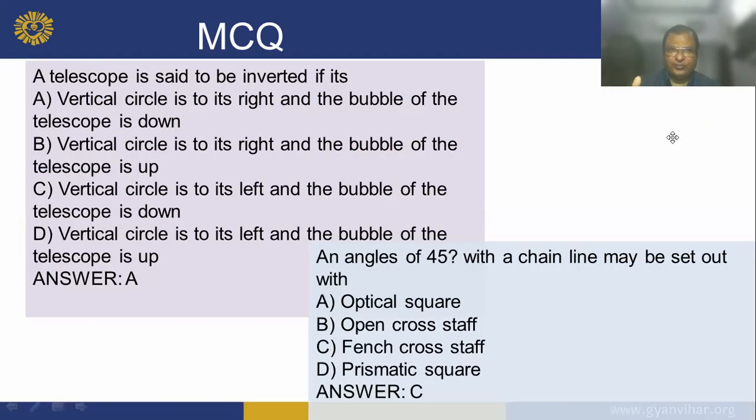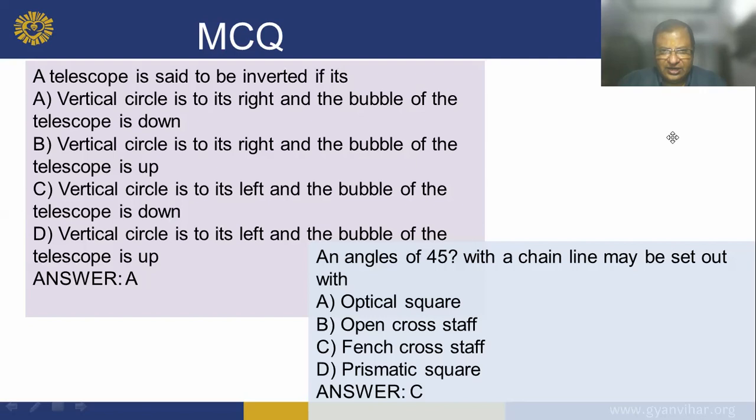A telescope is said to be inverted if it. So these are four answers, and which is correct? Correct answer is A. The vertical circle is to the right, and the bubble of the telescope is down.